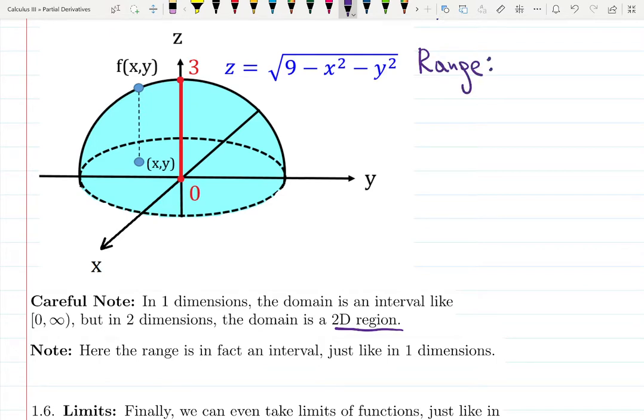What do you think are the possible outputs for z? Z belongs to... what do you think? Where are my z's here? 0 to 3. So z is not a sphere or hemisphere, okay? Z is still a third coordinate, upper, that looks up.